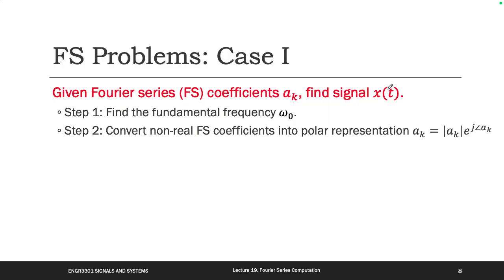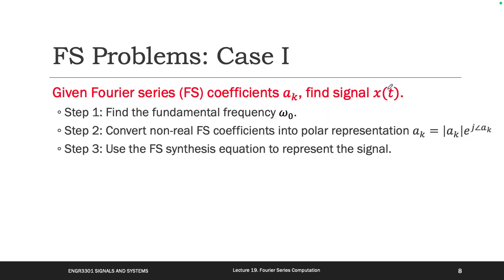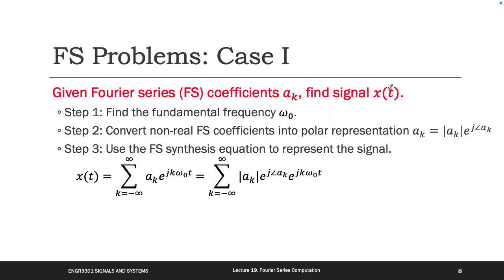And then convert non-real FS coefficients into polar representation. Actually, we talked about this one. Then use the FS synthesis equation to represent the signal. This one equals this one. That makes sense to you.